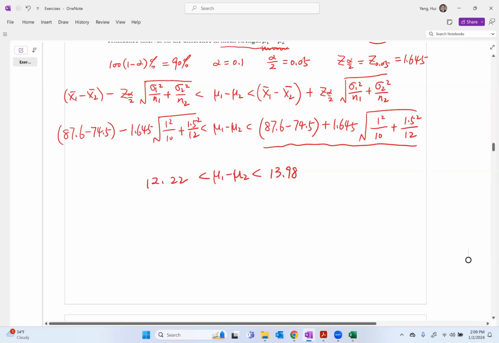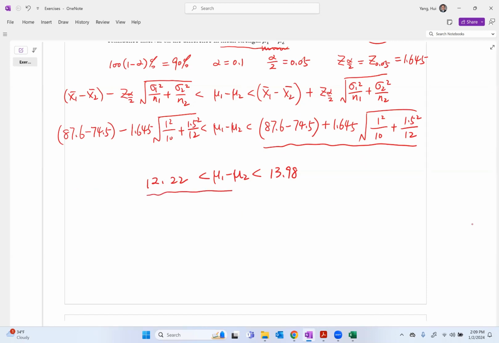Notice that this confidence interval is positive and does not include 0. So 0 is not part of it, implying that the mean strength of alumina grade 1, that is mu1, exceeds the mean strength of alumina grade 2, mu2.